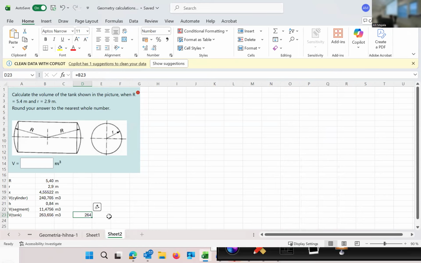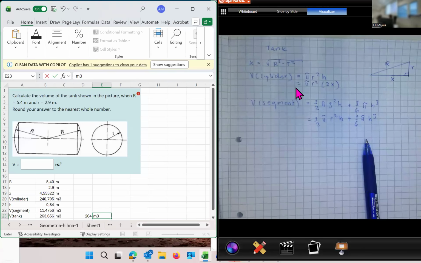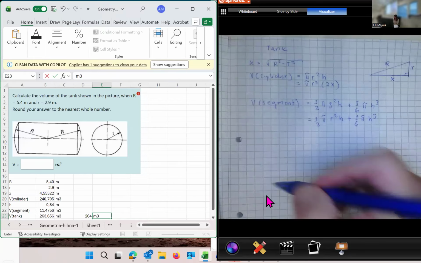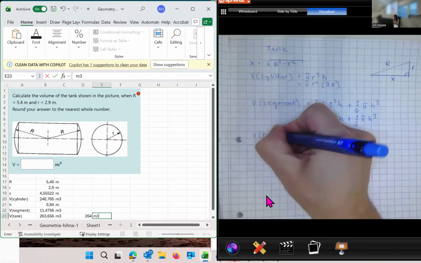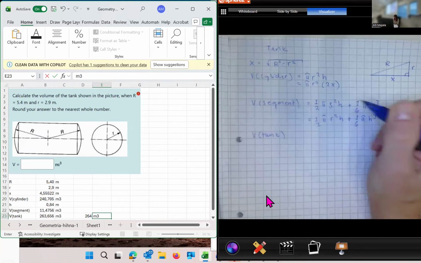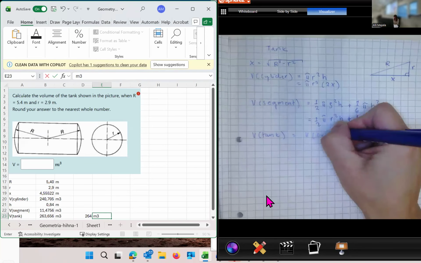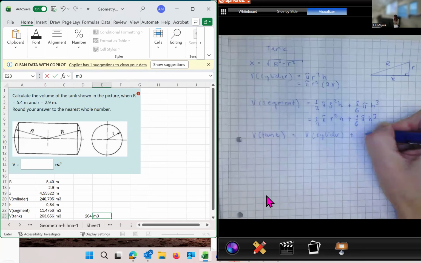Okay. And then I can put it in my, yeah. So what have I written here? Cylinder segment volume tank was cylinder plus 2 times volume segment.